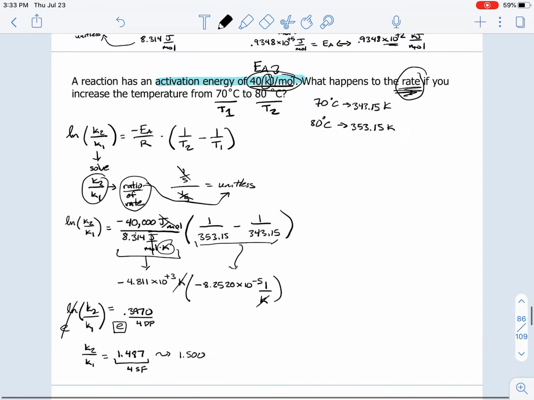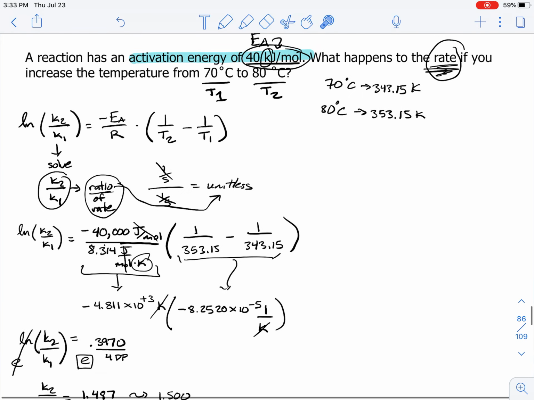So the question is asking what happens to the rate of the reaction if you increase the temperature by 10 degrees?